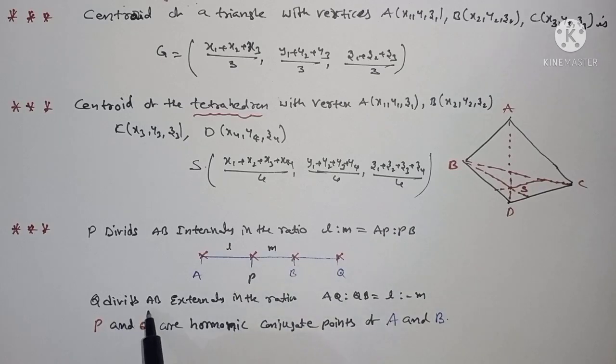Q divides AB externally in the ratio of AQ is how much?